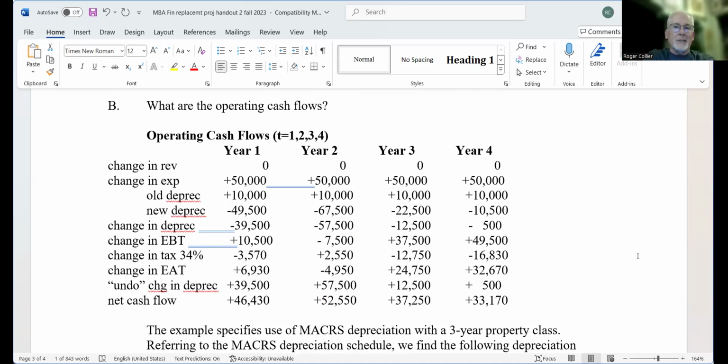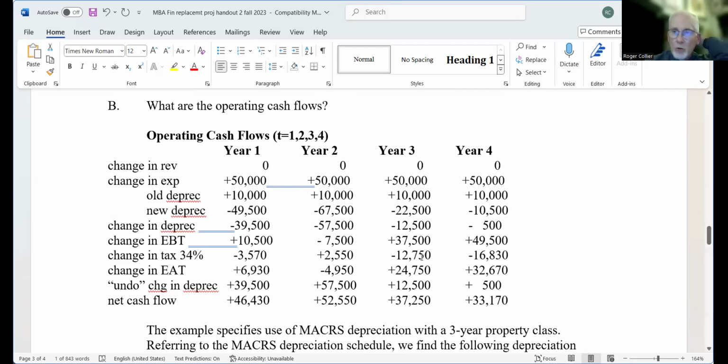In this case, they expect to sell it after 4 years. So there are 4 operating cash flows. Don't look at MACRS to tell you how many operating cash flows. Look for a statement about useful life, or it will be sold after, or that kind of thing. All right. So, 4 years.